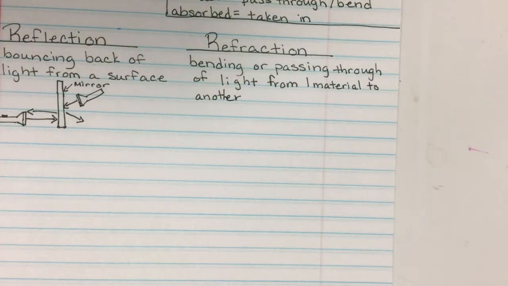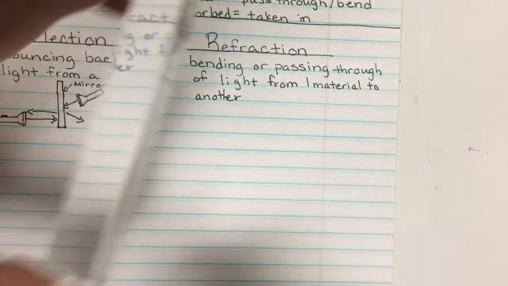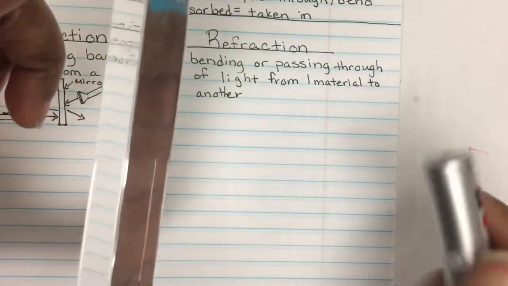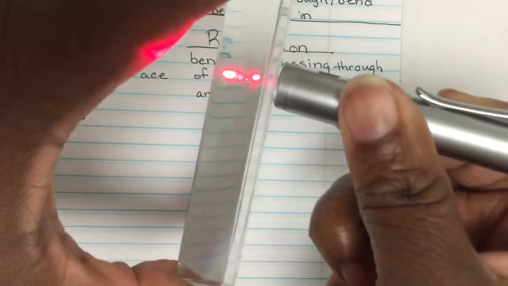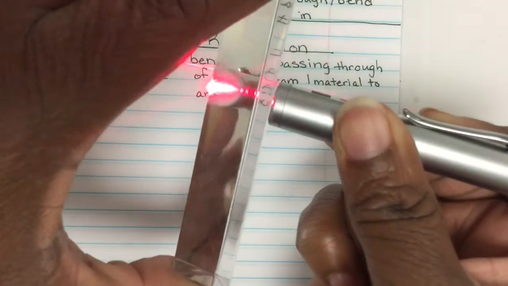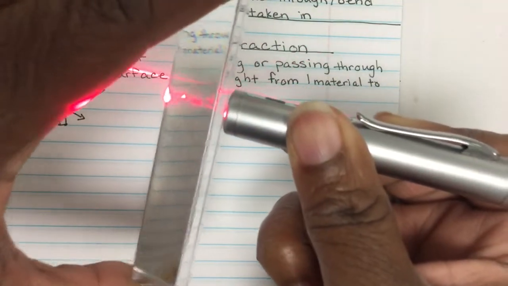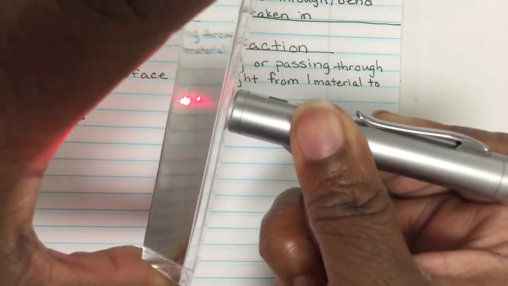For example, I'm going to shine a light straight through my prism here, and it should bounce off, if I can get the angle right, back onto the paper. And you can sort of see it shining down there at the bottom. So that light has gone through the prism.